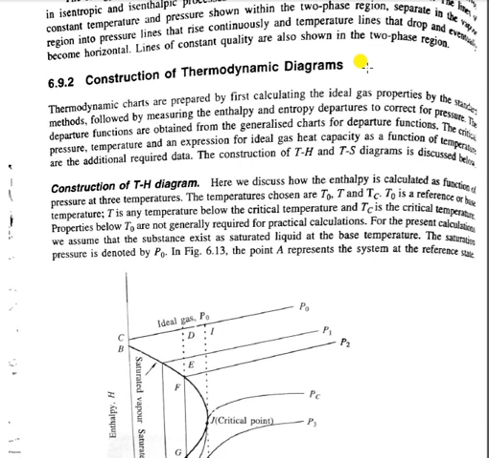Departure functions are obtained from the generalized chart, and the critical pressure, temperature, and expression for ideal gas heat capacity as a function of temperature are the additional required data.